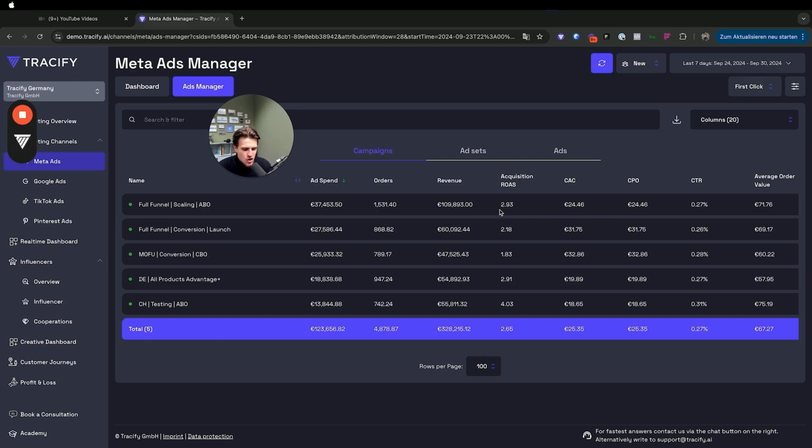We have seen crazy differences between what Meta says in terms of conversions and what Tracify says. If you want to steer profitably, it's a must-use tool, because otherwise you are spending your budget based on modeled conversions and on existing customer revenue, which would have come anyway.